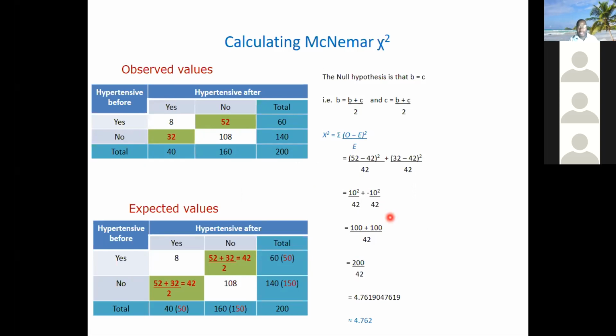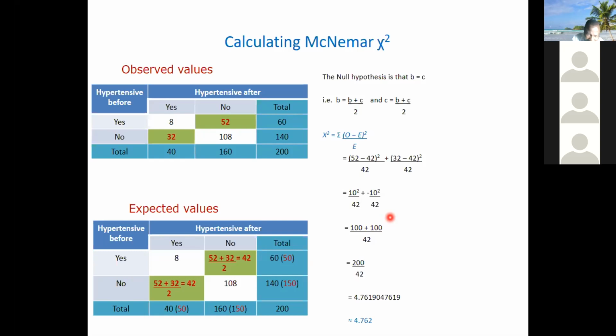Now I want to ask. We have already said that the total that changed, if you add it together, is 52 plus 32, which gives you 84. That is the total that changed in whichever direction, adding the two discordant cells together. I want to ask, if the null hypothesis were true, there is no change.